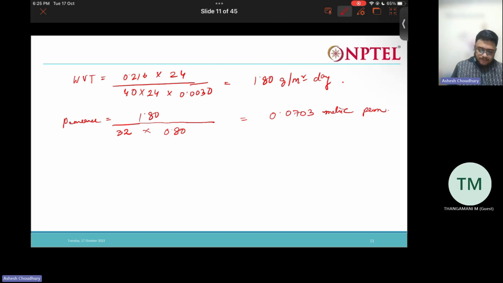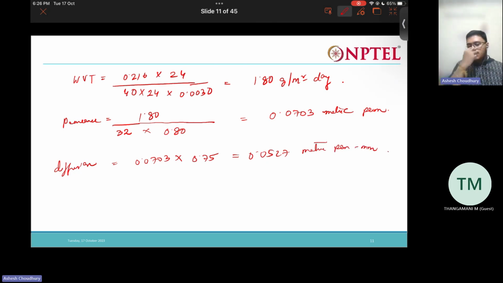metric perms. Then last we have diffusion. This is permeance into thickness, so 0.0703 into 0.75. This will come out as 0.0527 metric perm-centimeter.